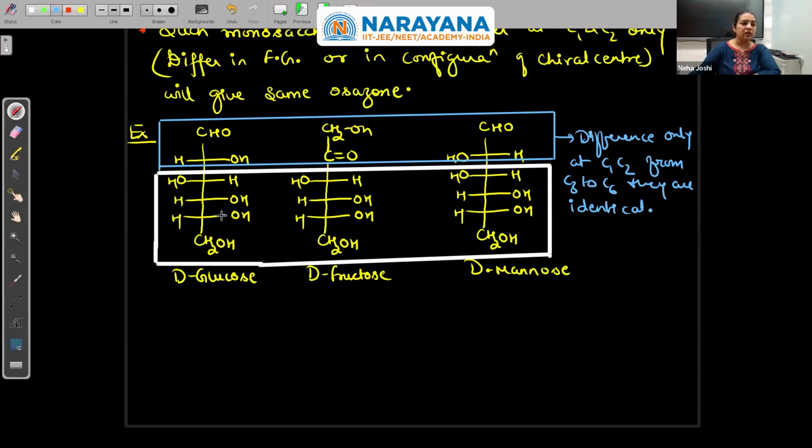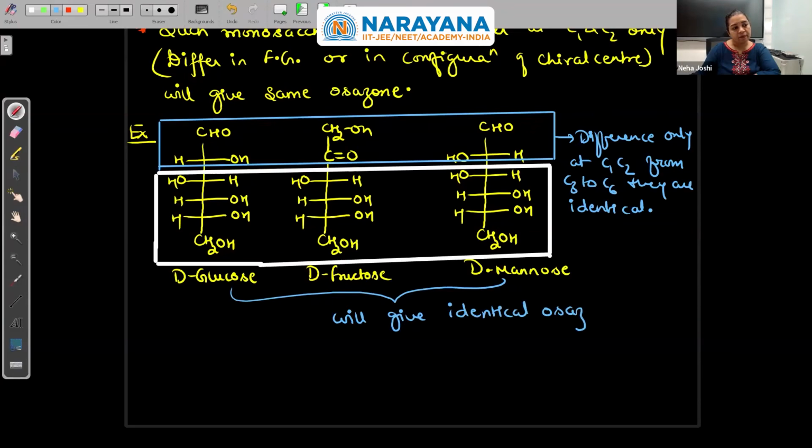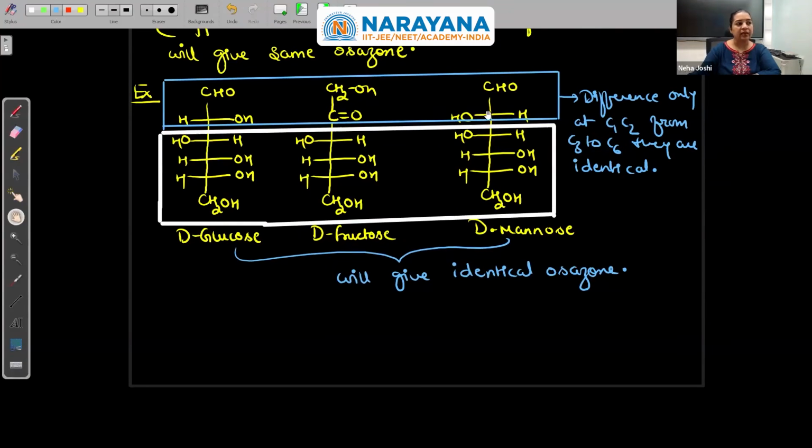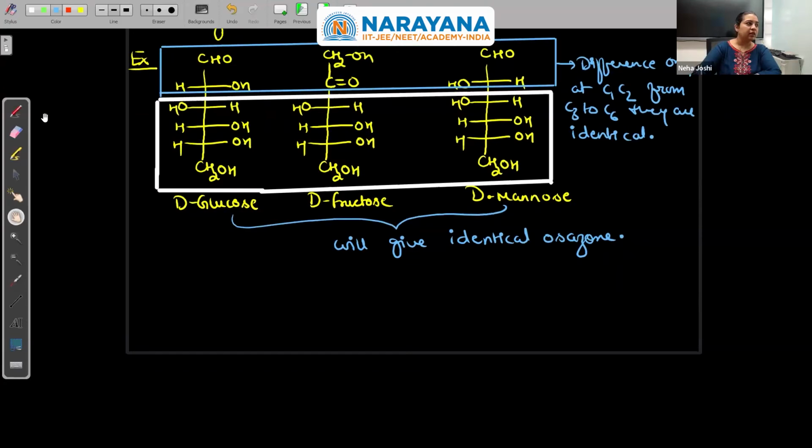So these three will give identical osazone. Okay, they will give identical osazone as they have exactly the same behavior. Is that correct? समझ आई बात? ठीक, they have the same osazone.